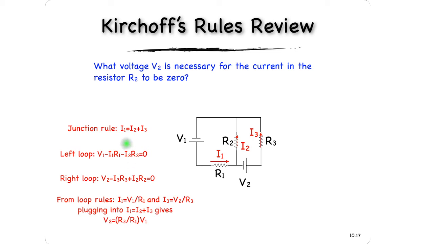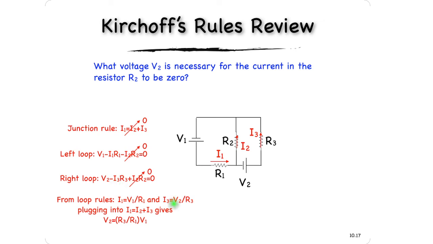Okay, so for example, from this equation for the left loop, I can solve for I1 if I assume that there's no current through R2, which is what this question was asking me about. I can set some of these terms to 0. And what I'm left with, I can solve for current 1 from this first equation is V1 over R1.